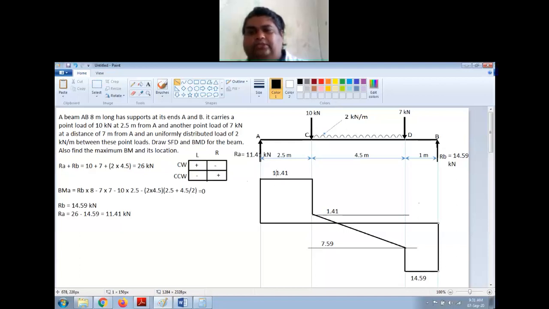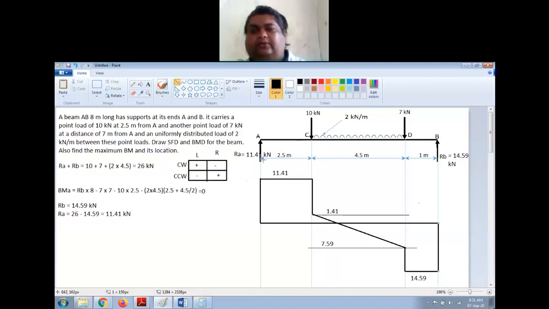Okay, so you just have to follow this. If you follow the method that I explained properly, always start from the left, or if you want you can start from the right also. You will get a mirror of this diagram. It will be the same, you will not get anything different. But to get a proper diagram, always start from the left, take upward forces as positive, downward forces as negative, and start from this point.